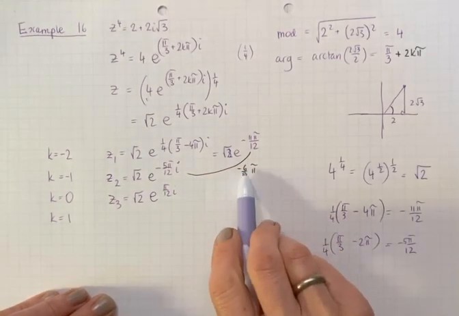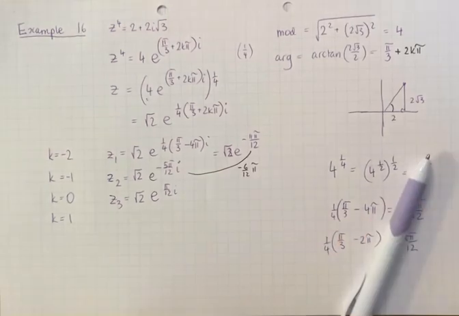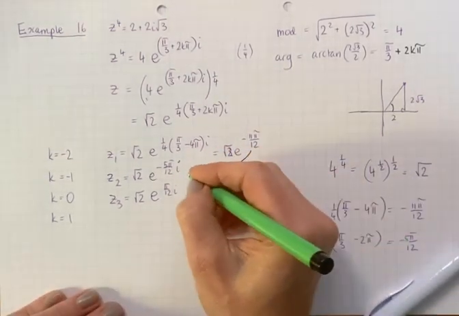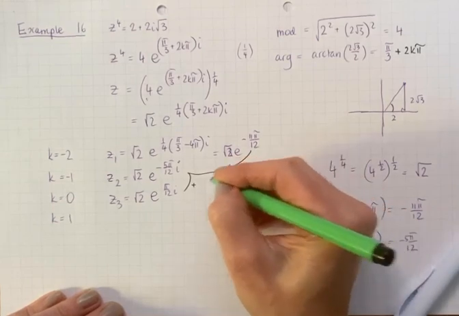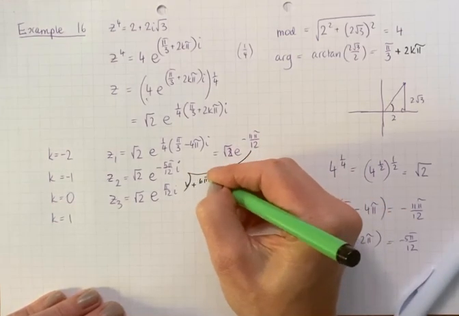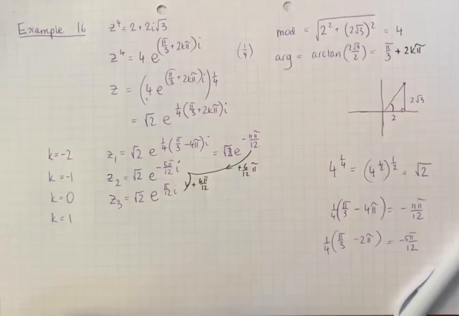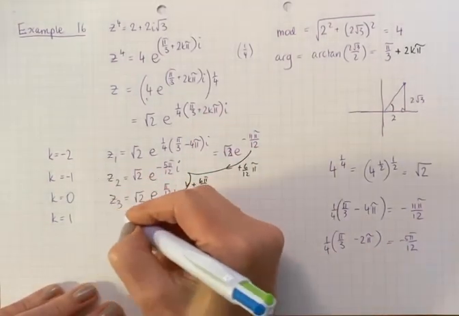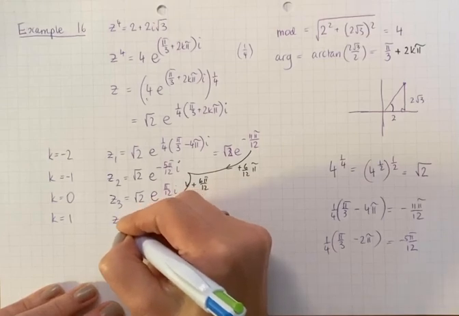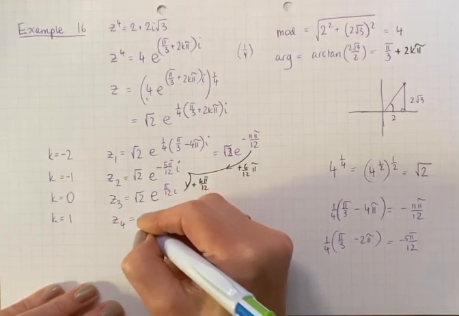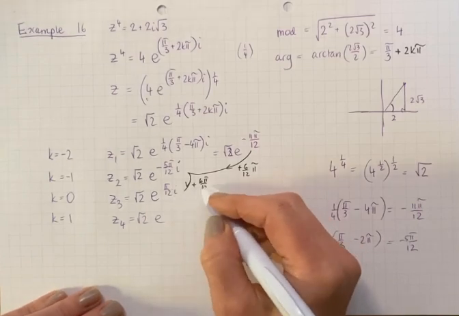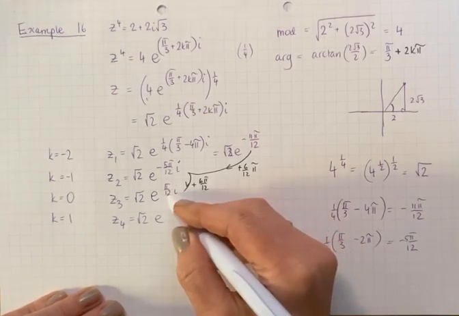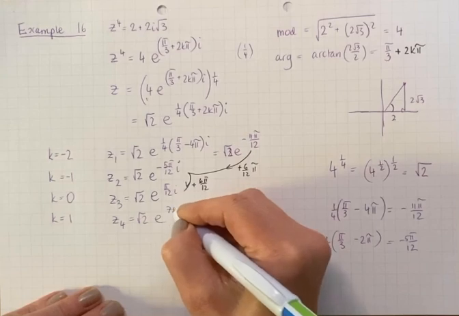Again, rather than working it out from the original equation, I could just do the jump, add half pi to that. Okay, so the last one is going to be root 2 e to the power of, again, if I add 6 pi over 12, I will get to 7 pi over 12.